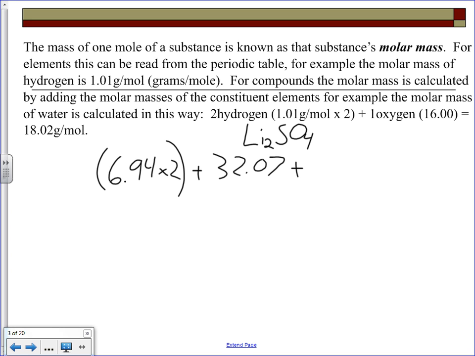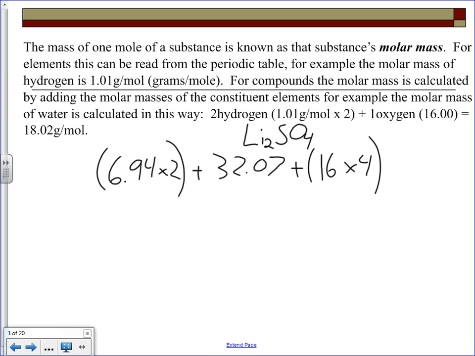So then I've got oxygen, which is 16, times 4. If I add that all together, will I have the mass of 1 mole of lithium sulfate? Yes, it will. So being able to read a compound's formula and know there's 4 of this, there's 1 of that, and there's 2 of that is important. Otherwise, you're not going to get the molar mass correct.